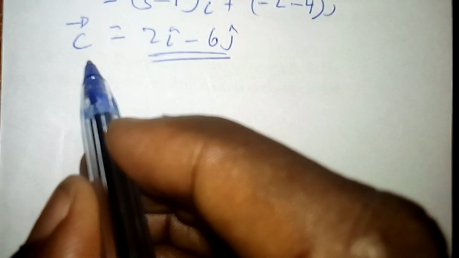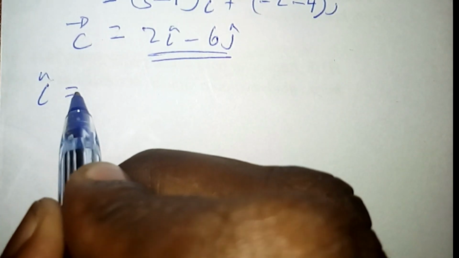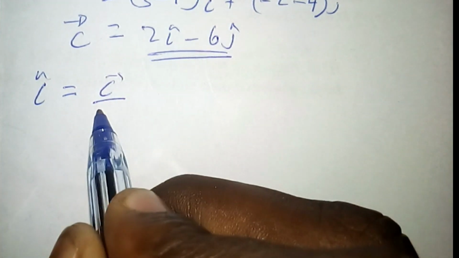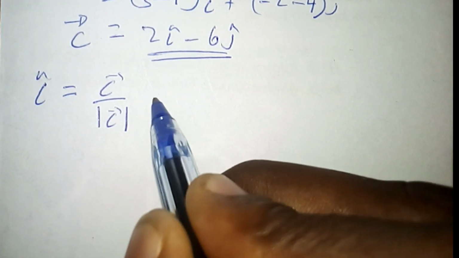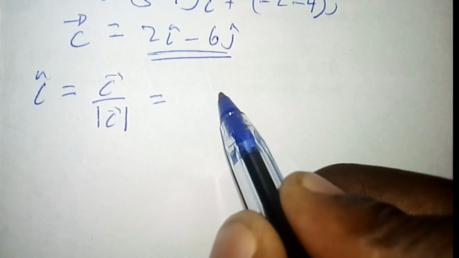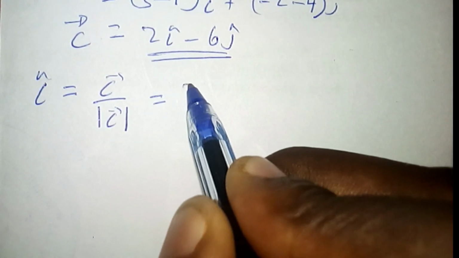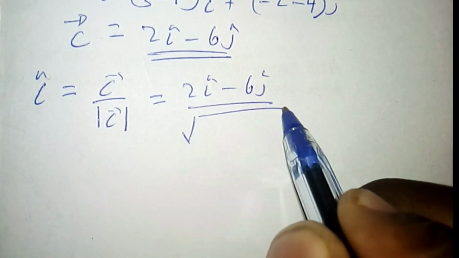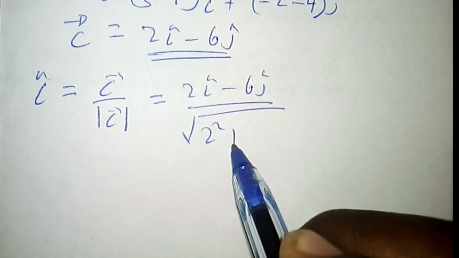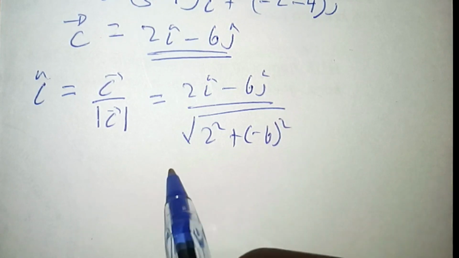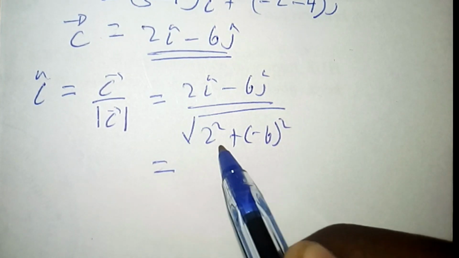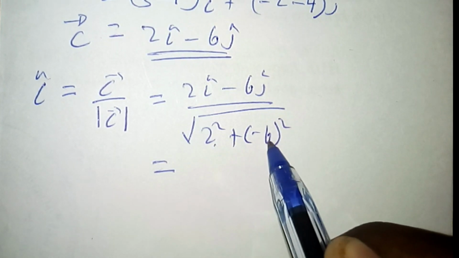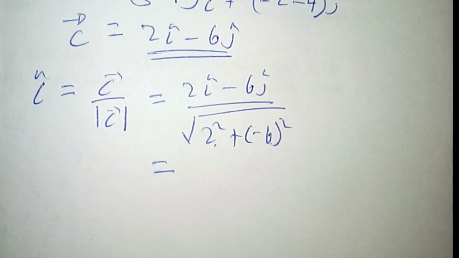Then the unit vector of C is vector C divided by the magnitude of vector C, which is 2i minus 6j divided by the square root of 2 squared plus minus 6 squared, which gives 4 and 36.